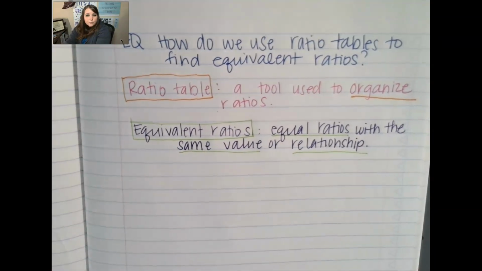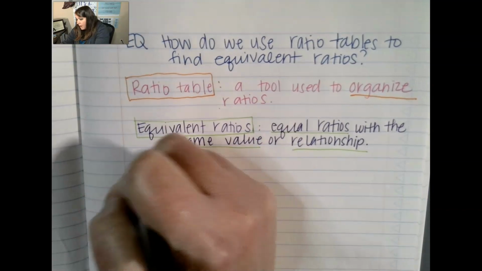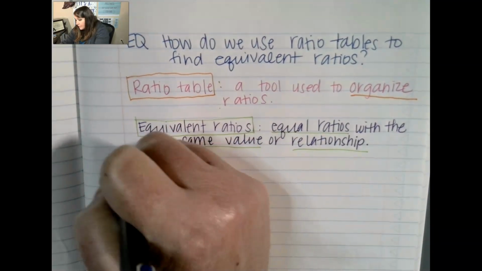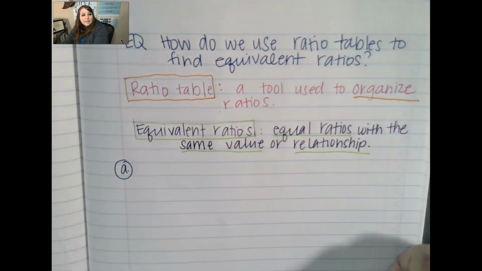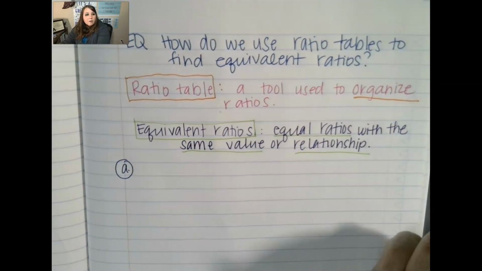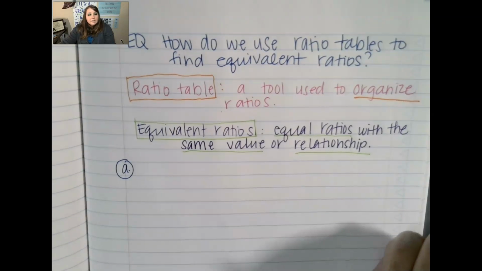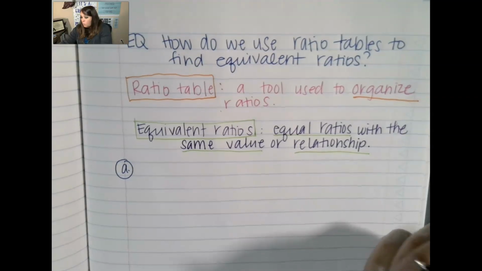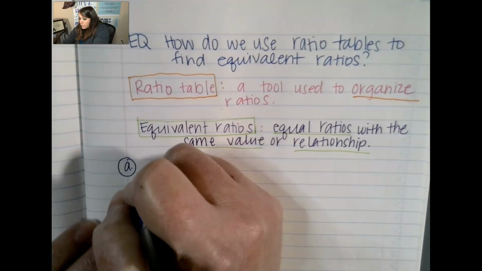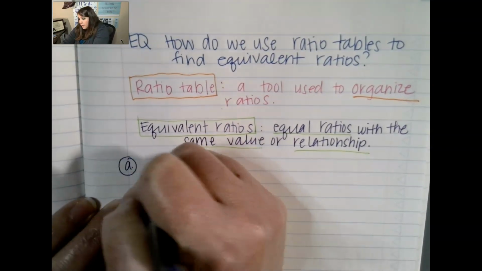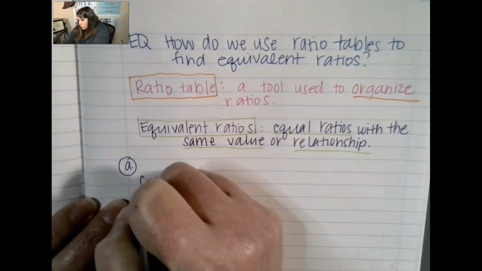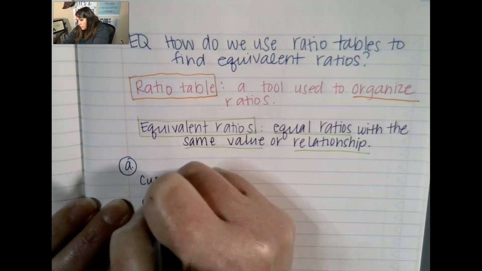All right, so let's start out by looking at example A. In example A, it wants me to complete a ratio table. And it says to find the missing values in the ratio table, and then they want to know the equivalent ratios. Well, we're going to start out by first comparing cups to quarts.